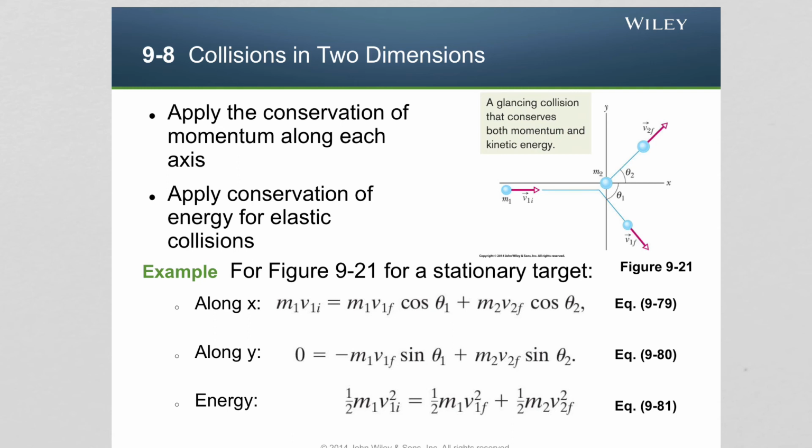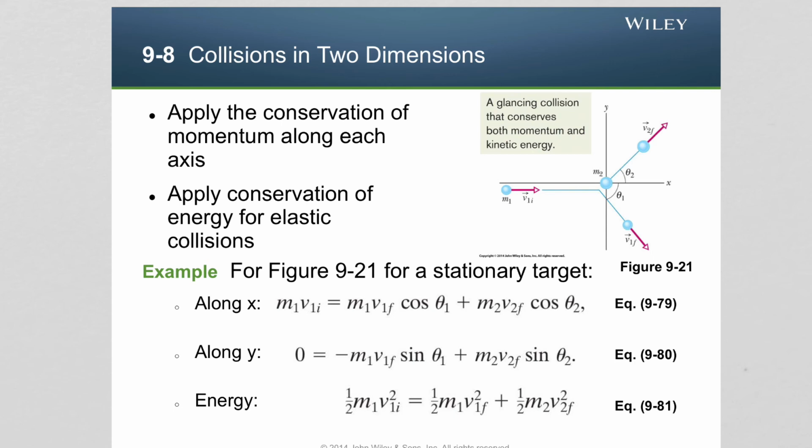So the kinetic energy equation can be divided in two equations, one for each coordinate axis. And so then the previous formalism for one-dimensional collisions can be applied in those two-dimensional situations for each coordinate axis independently, and then the results can be combined to find the final answer for the final velocities.